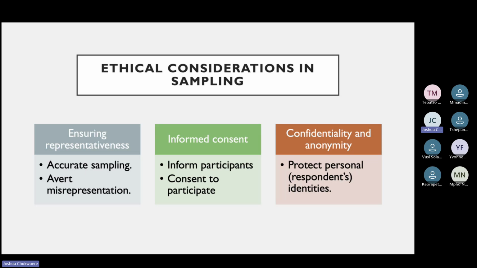Have an accurate sampling method. Have an accurate sampling size. Do away with any form of misrepresentation in your sampling. Anything that can lead to that, please push it aside.